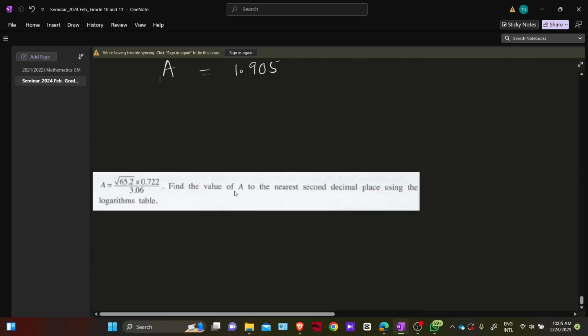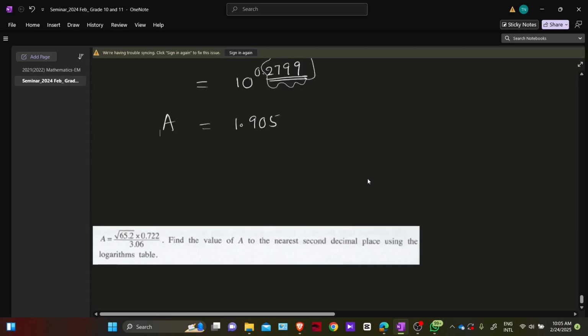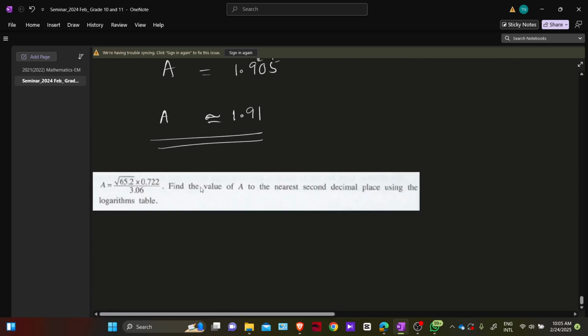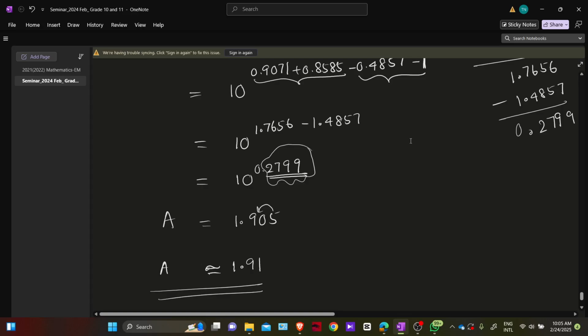Did they say something? To the nearest second decimal place. Alright. Nearest second decimal place, which means 1.91, right? No units are there. Yes. That's it. Right.